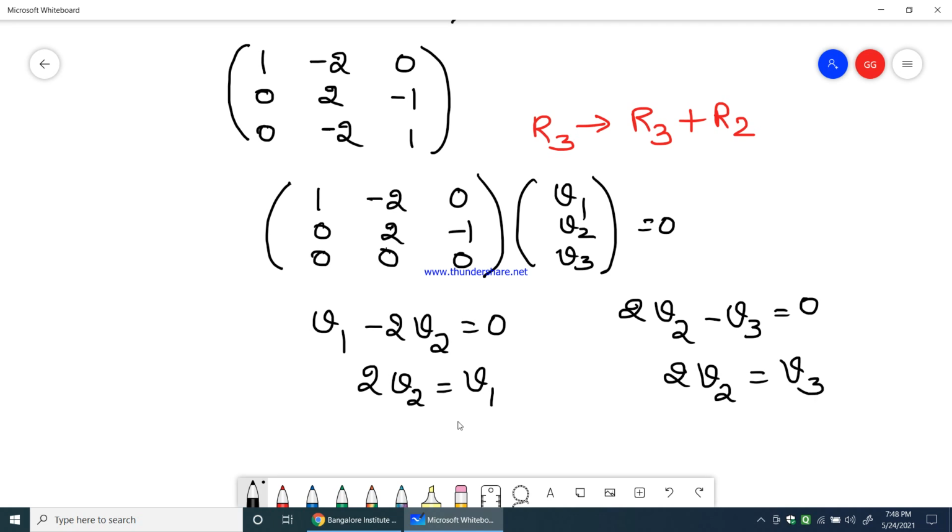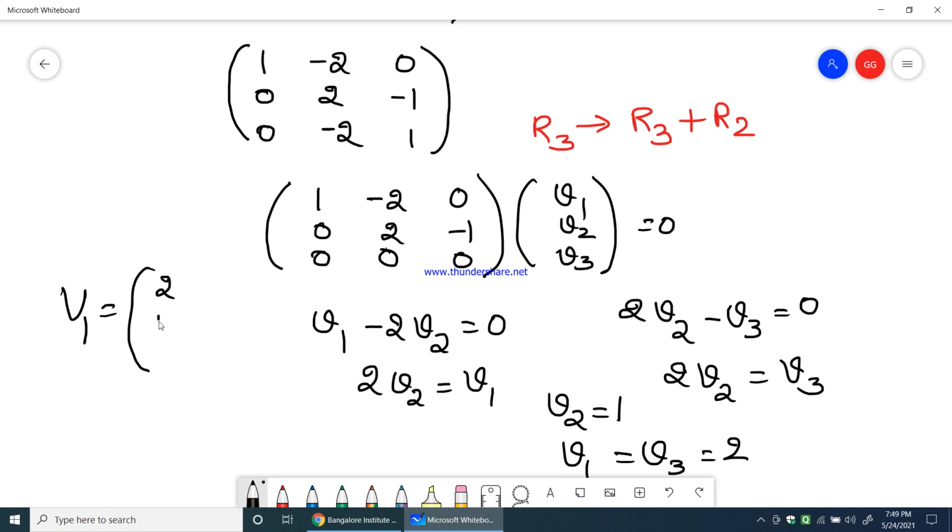So if I say V2 equals 1, then V1 and V3 will be equal to 2. Therefore the final vector V1 which I have got here is 2 1 2. So this is the first vector which we have got by this particular matrix.